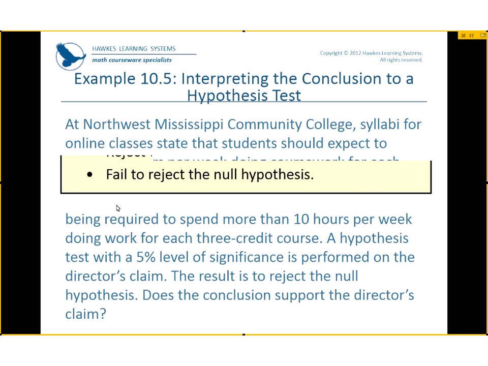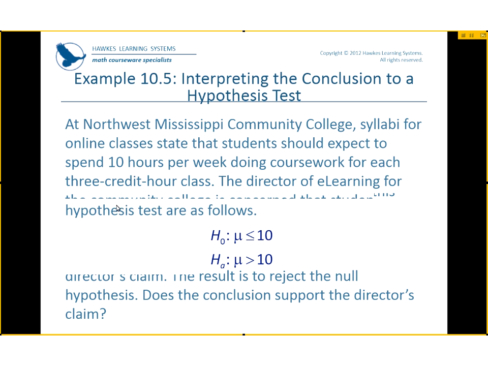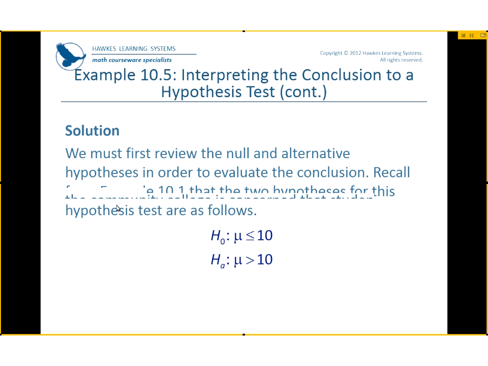Okay, so let's see what this says. At Northwest Mississippi College, we'd already talked about this, and we said that the e-learning director is concerned that students are spending more than 10 hours per week. A hypothesis test with a 5% level of significance is performed on the director's claim. The result is to reject the null hypothesis. What do you conclude? Okay, so remember we did this back then.